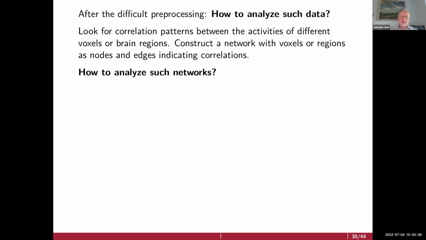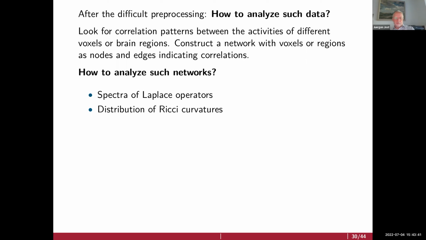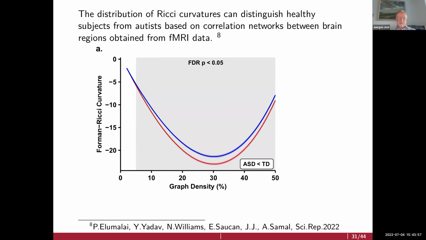And how to analyze such networks? We have been working with two methods. One I will not speak about here, the spectra of Laplace operators, and the other is that which I had already highlighted and explained, the distribution of Ricci curvatures. And that can tell us quite a lot.